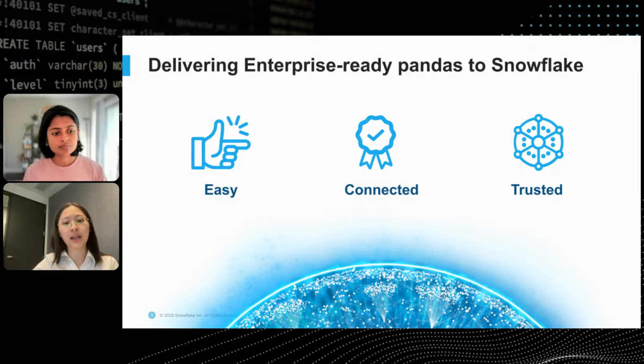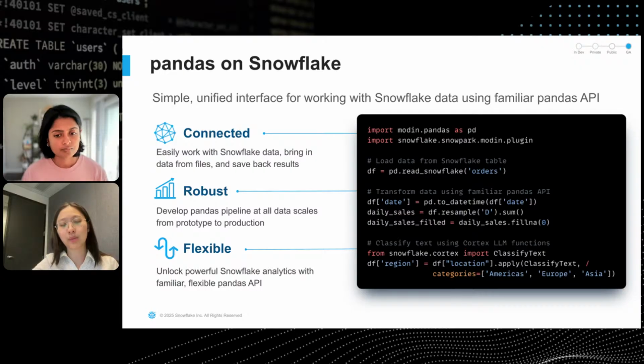And so this is why we decided to build Pandas on Snowflake, really as this simple and unified interface for working with your Snowflake data using your familiar Pandas API. Some of the key benefits, I'll show a demo of this a little bit later, but some of the things I wanted to call out here: you can connect to your data.